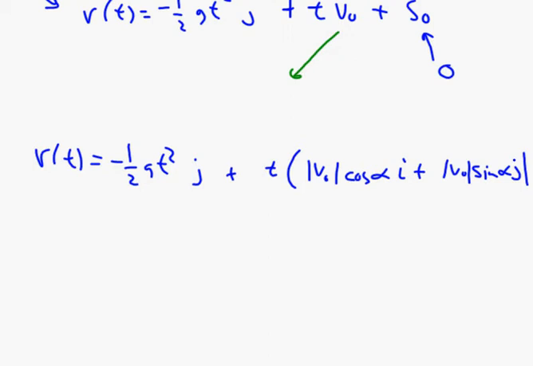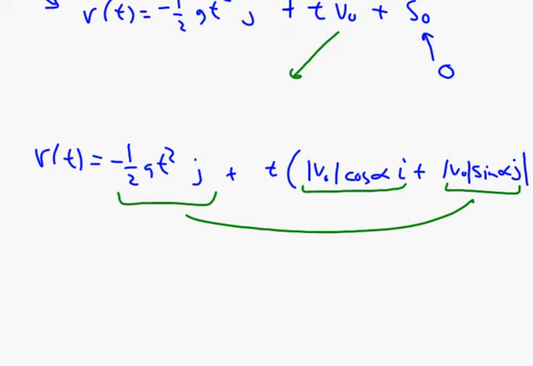Okay, so then I can collect like components, and here's what I mean by that. If you look at it, this here is an i component, so it would not add to what's happening with this expression. But these two here are both in the same direction, so those vectors can be added.